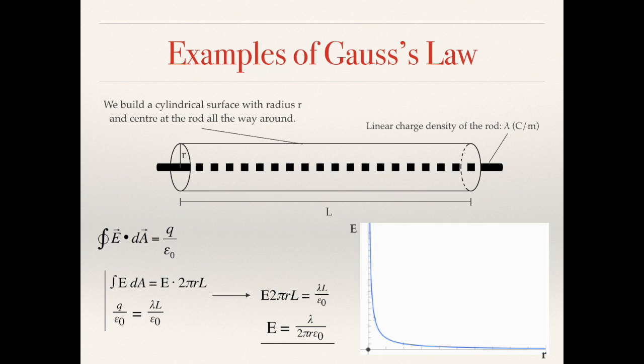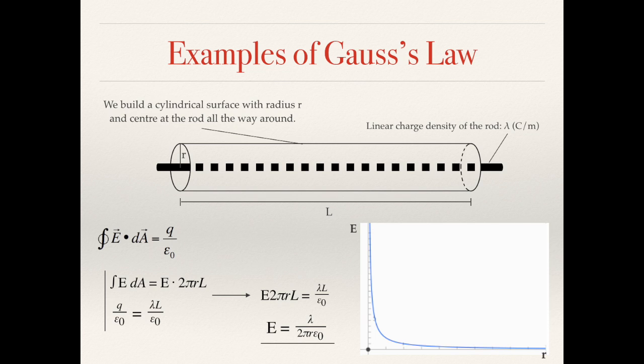So let's continue using Gauss's law, which says the integral of E times dA is equal to Q enclosed over epsilon 0. The linear charge density of the rod is lambda, which has a unit of coulomb per meter. So again, it is obvious that lambda times a certain length will give us the charge.